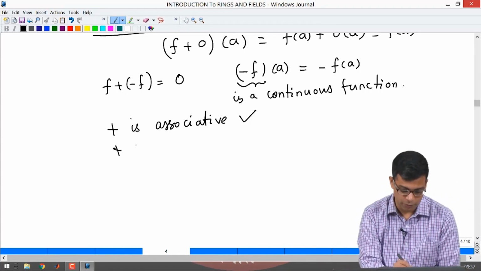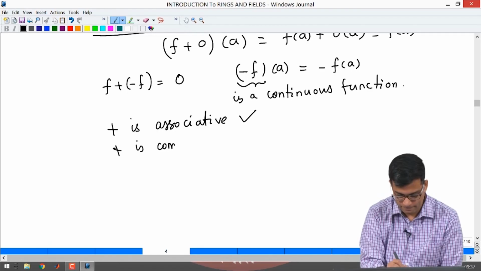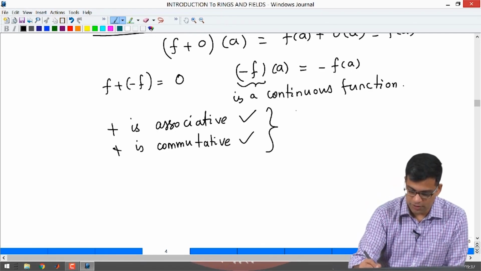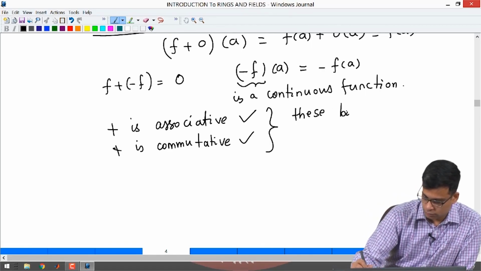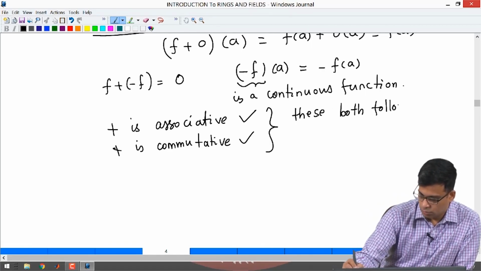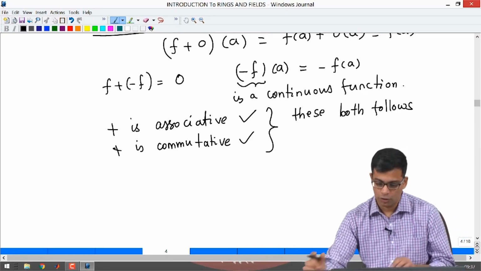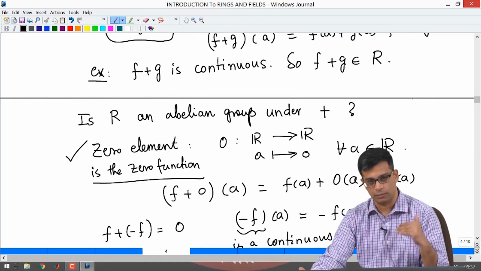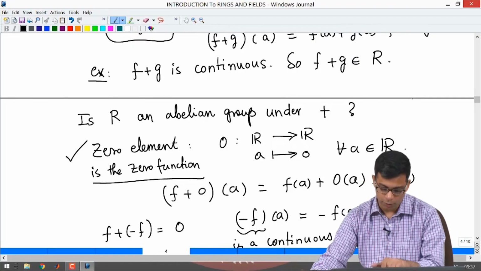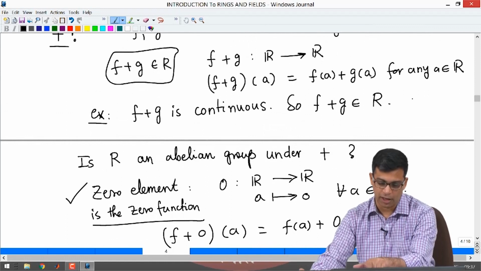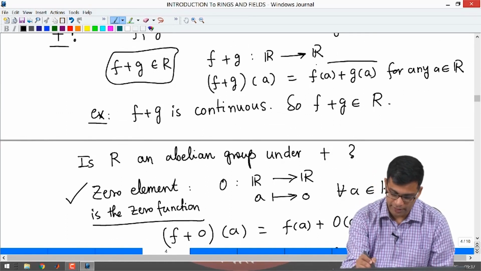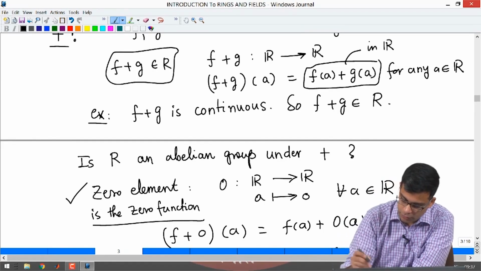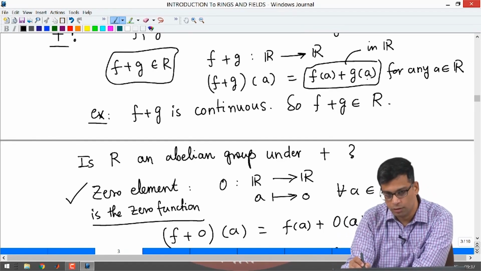and plus is commutative. Remember, we need an abelian group. Okay, these both follow. The basic reason that they both follow is that addition is associative and commutative in R, because we are ultimately adding inside R. Remember, here we are adding inside R. This addition is in R, because f of a and g of a are real numbers.